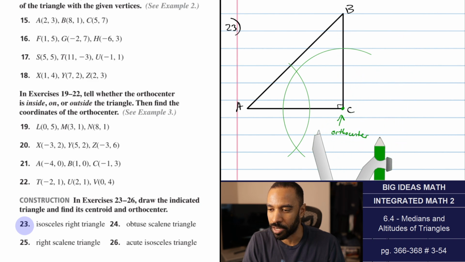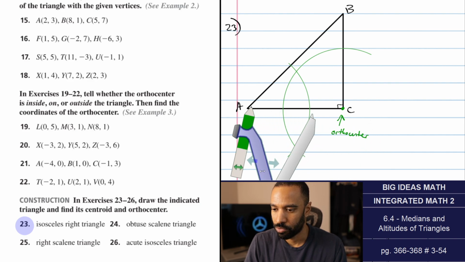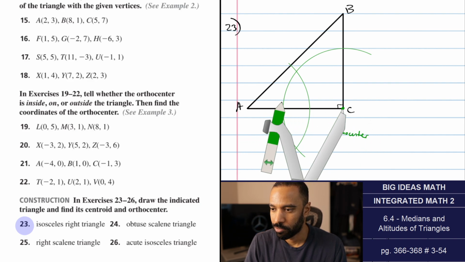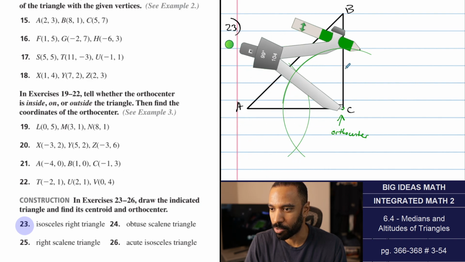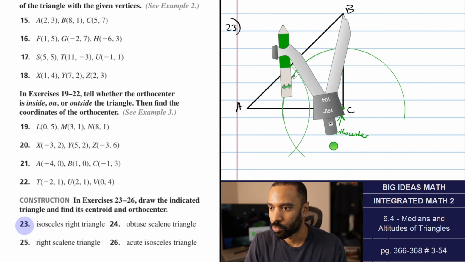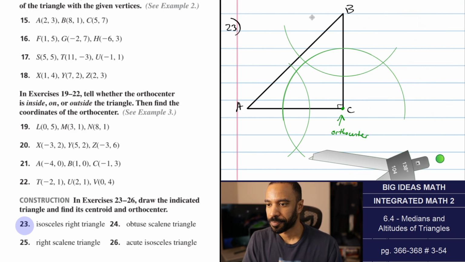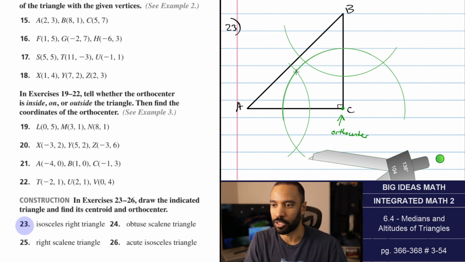Oh, I didn't make my arc big enough the first time. Timeout. 104 from C. Clearly I'm not going to make this path exactly the same both times. Close enough. From B, I'm also going to draw where arcs intersect here. Remember, these are technically perpendicular bisectors, but the point isn't to make perpendicular bisectors.